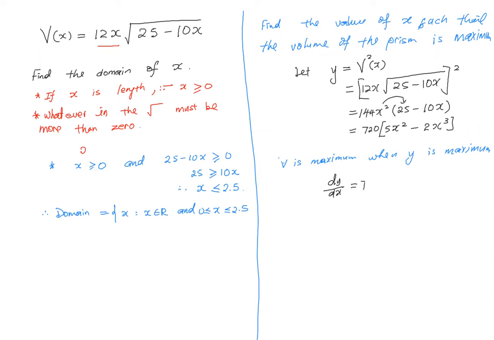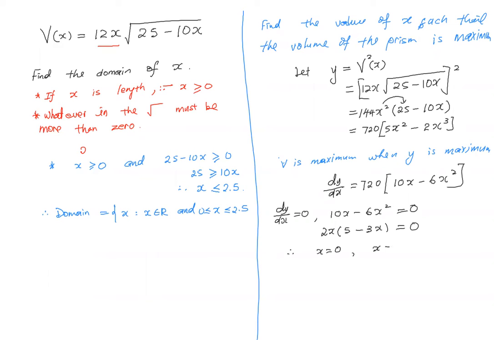It's very simple to differentiate: 10x minus 6x squared. All right? So dy/dx equal to 0. So 10x minus 6x squared equal to 0. So I have 2x(5 minus 3x) equal to 0. Therefore, x equal to 0 or x equal to 5/3.